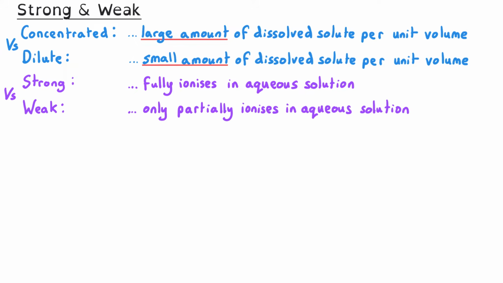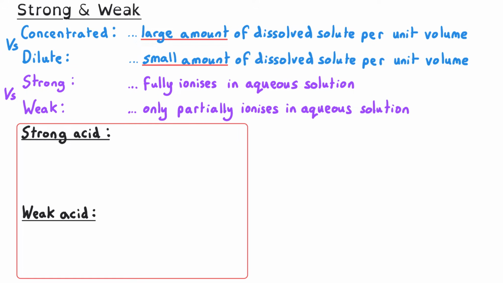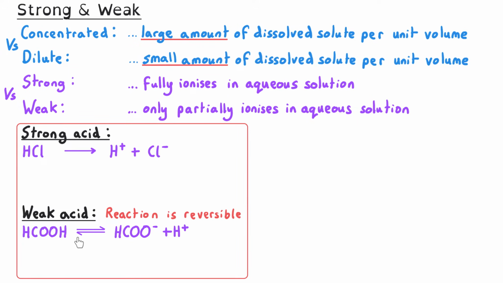A strong acid or base will fully ionize when you put them into water, and so that means that this reaction will go to completion. In contrast, a weak acid or a weak base will only partially ionize when you put it into water, and so that means that this reaction will not go to completion and it will be reversible.